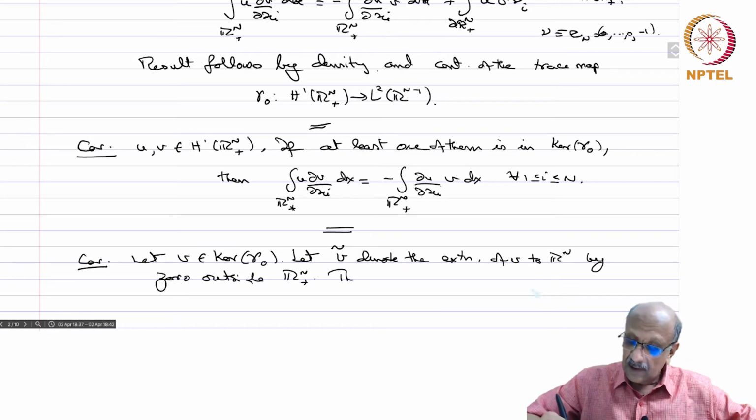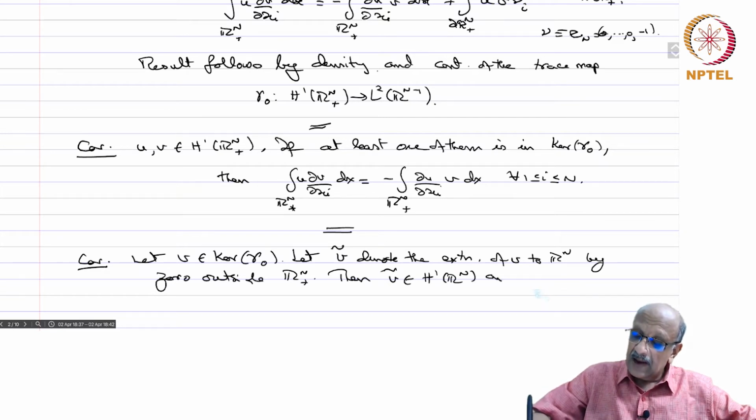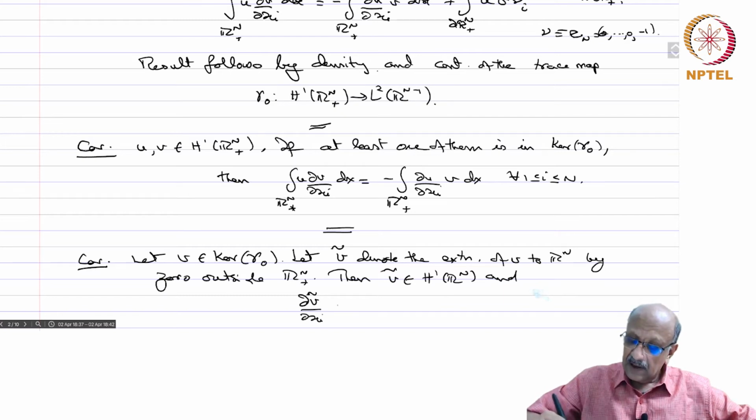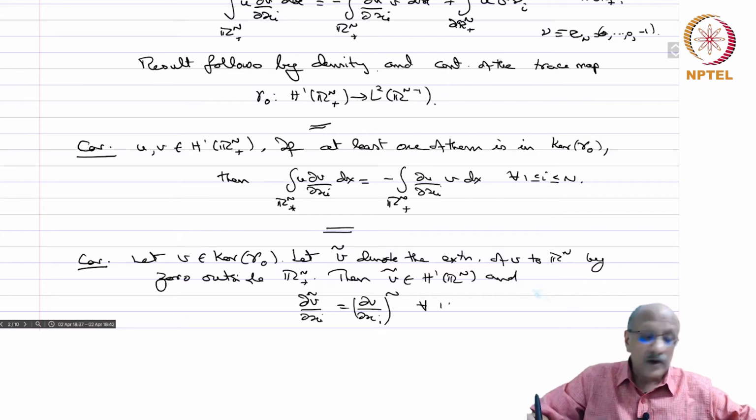Then v tilde belongs to H1 of Rn and d v tilde by dxi equals d by dxi of v tilde for all 1 less than or equal to i less than or equal to n.